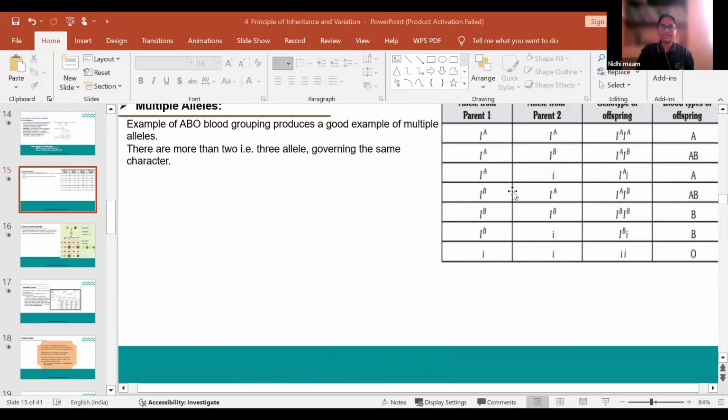Which are those exceptions? Incomplete dominance and codominance. So, can anyone give me an example of incomplete dominance?